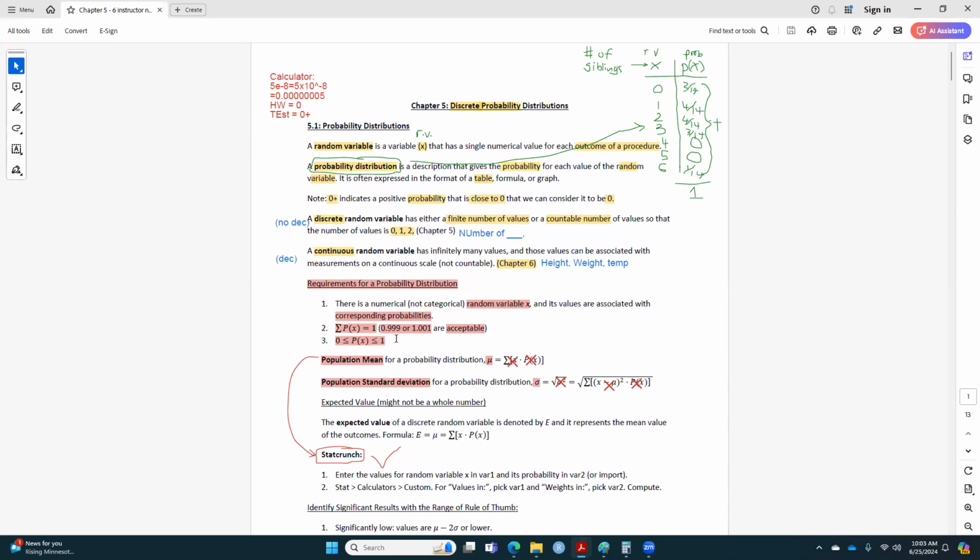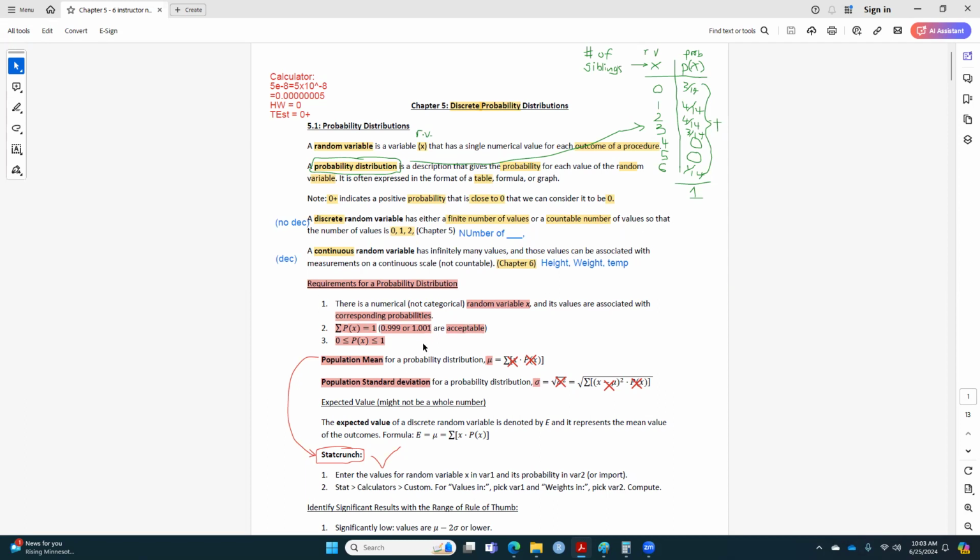If you get 0.99 or 1.001, it is acceptable. The third requirement is that each probability is between 0 and 1, included. So you cannot have a probability above 1, and you cannot have a negative probability.